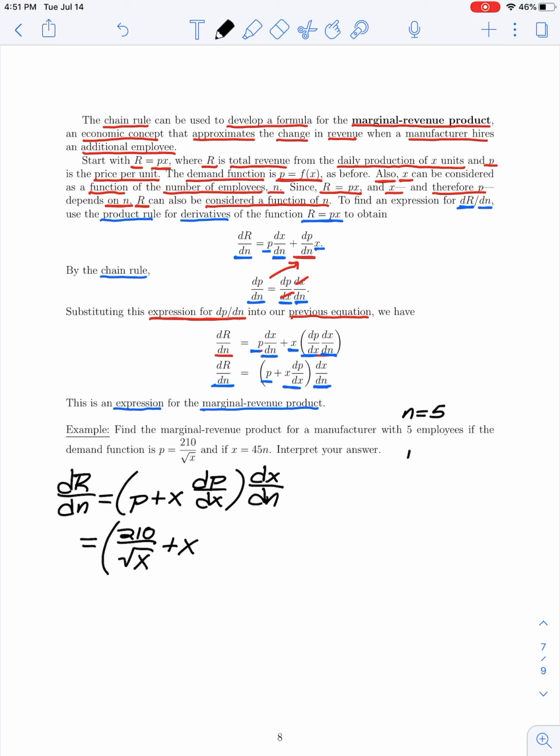So a little scratch work to the side here. P was 210 over the square root of x, which is the same as 210 times x to the negative 1/2.